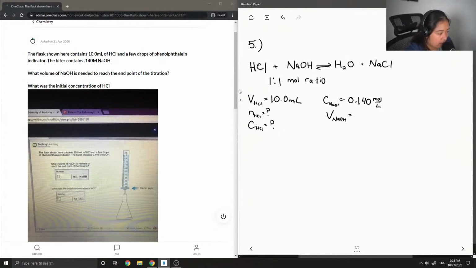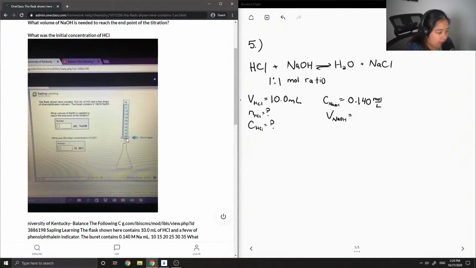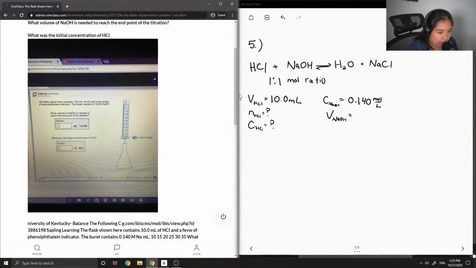Okay, so when you have a question like this and there's an animation, you're supposed to click on this burette and then it's going to show you how many milliliters of NaOH they used. So basically it's like a virtual titration. And I guess this person forgot to screenshot how much of the NaOH solution was used. I used to teach this lab, and the volume should be given in order to answer this question.